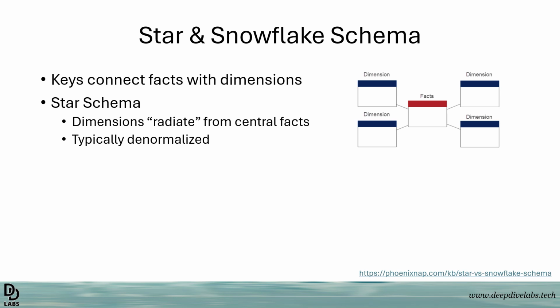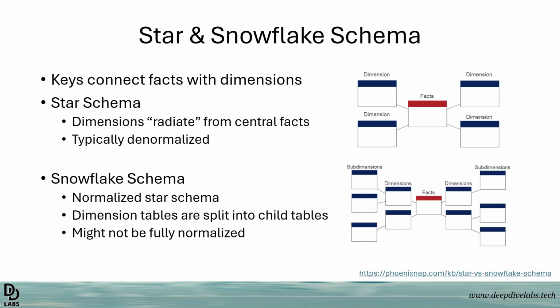You can extend the star schema to make it a snowflake schema. So a snowflake schema is technically an extension of the star schema. It is a normalized star schema, right? So you're dividing your dimensional data into sub-dimensions.